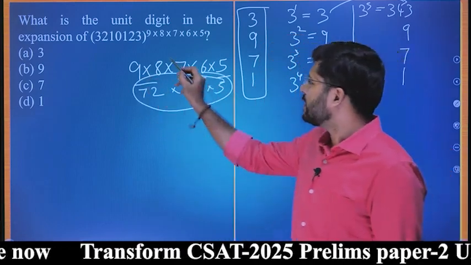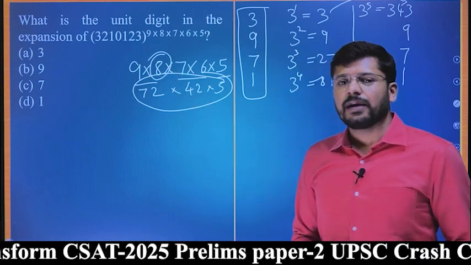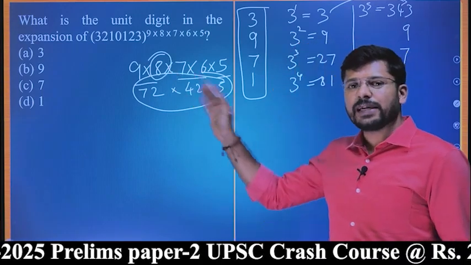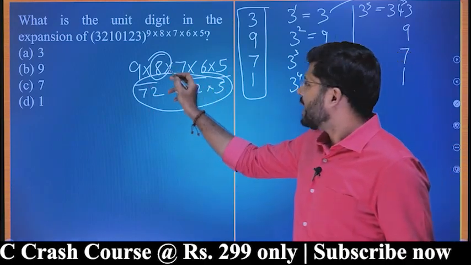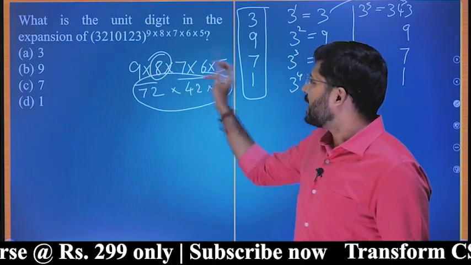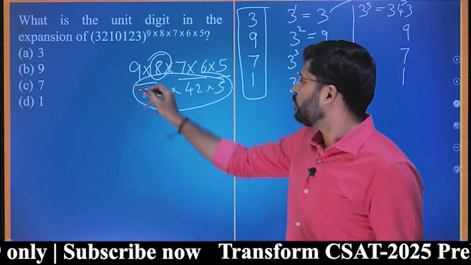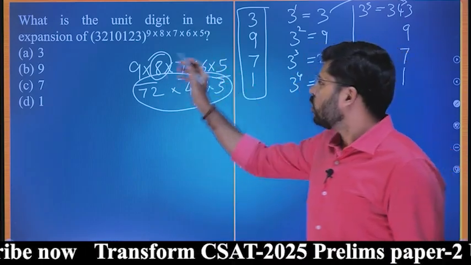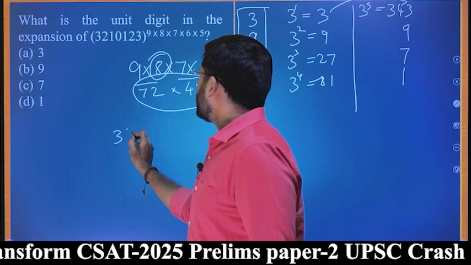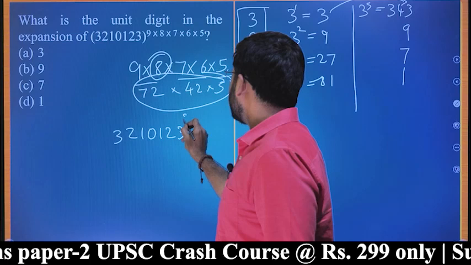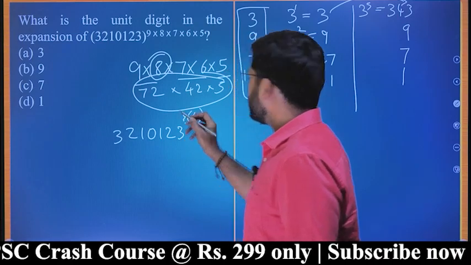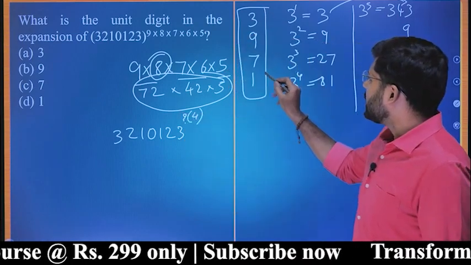However, see that you have an 8 here. If you have an 8 there, it means that this entire expression is divisible by 4, because 8 is divisible by 4. So if you multiply anything with 8, then the entire thing would be divisible by 4. So this number 3210123 raised to anything which happens to be a multiple of 4, then the cyclicity would hit here, right?